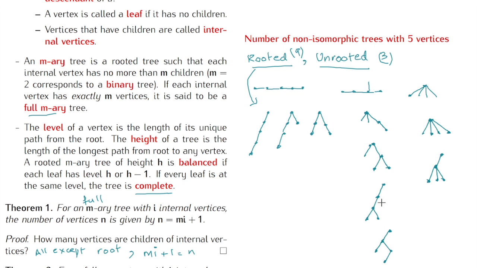This guy has a different scheme of children for the vertices here. Similarly you can check this one. These ones are clearly non-isomorphic because they have different heights. And similarly this guy is non-isomorphic to every other because this has a height of 2 and these ones have a height of 3. This is height 2, but this is clearly different from this because this has 2 children from the root.